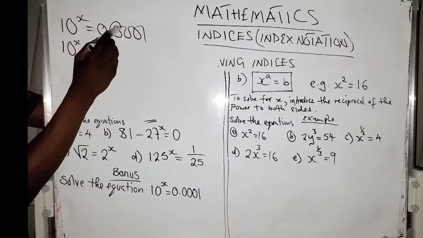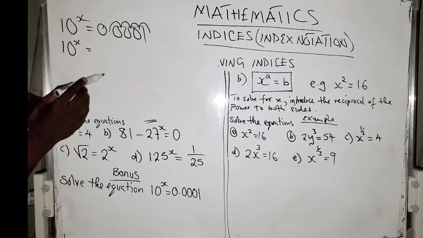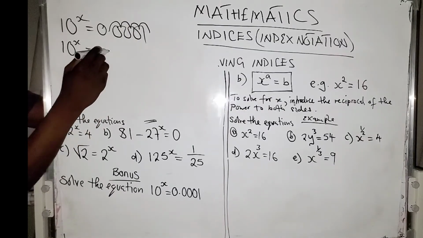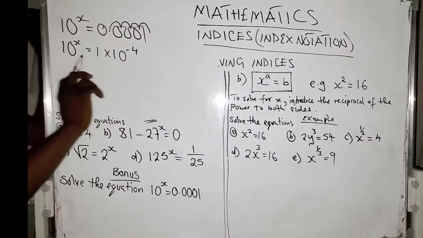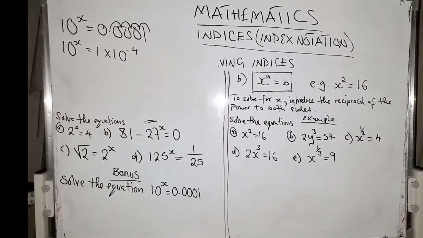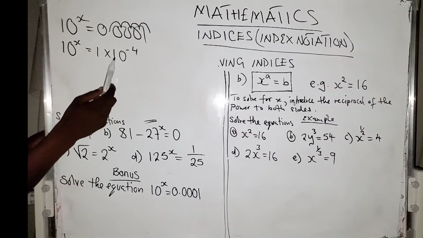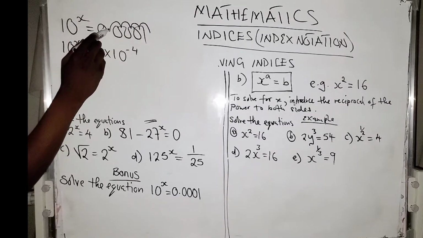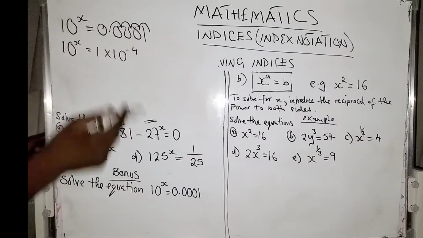So you have 1, 2, 3, 4. So we're going to write 1 times 10 to the power negative 4. When you're going to the right, it becomes negative, right? Times 10, always times 10, to the power of the number of steps the point has moved. So 1, 2, 3, 4.